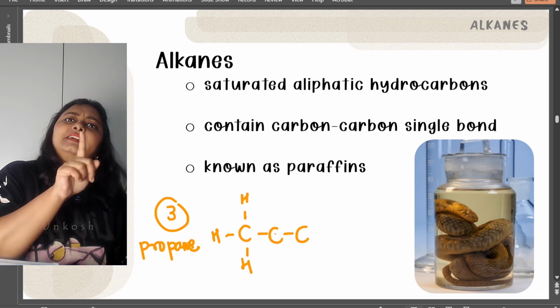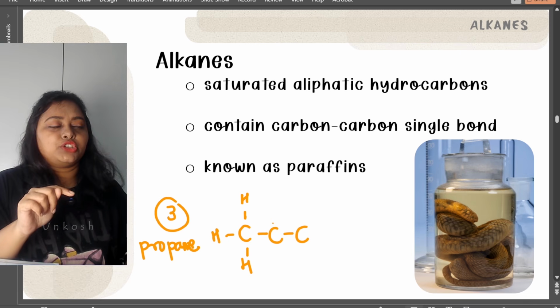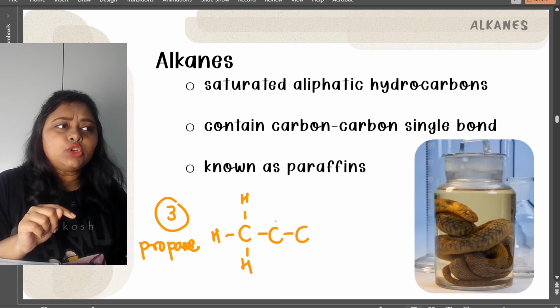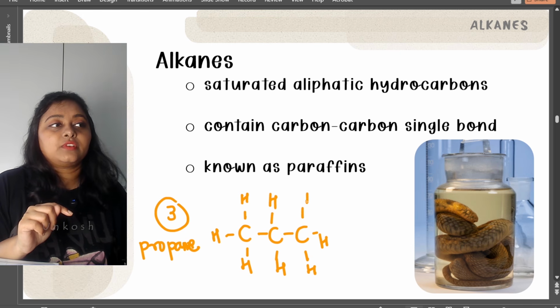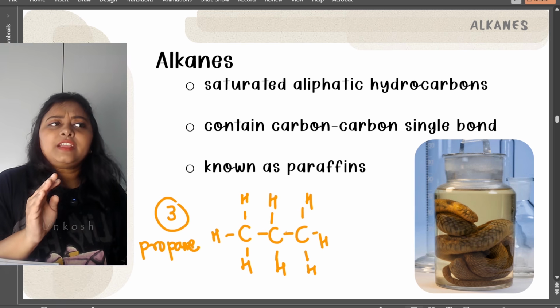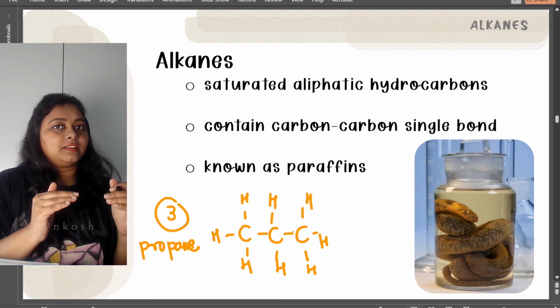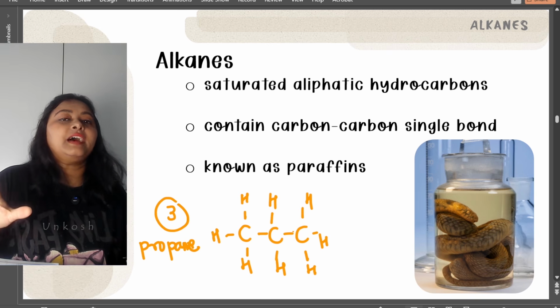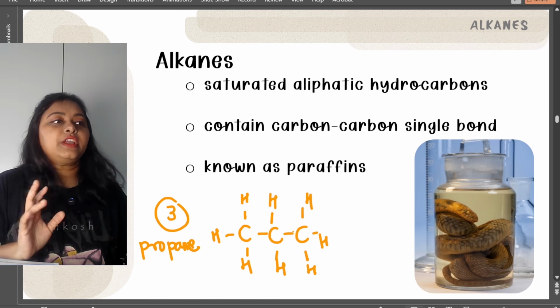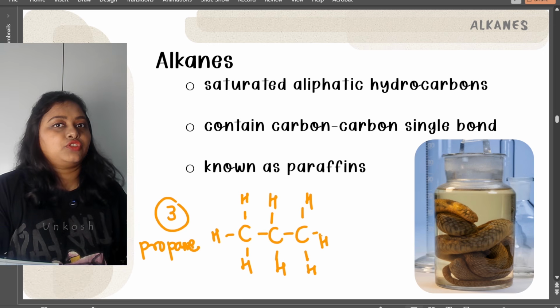Let us complete the entire bond formation. Here 1, 2, what about 3 and 4? Of course hydrogen. Here 1, what about 2, 3 and 4? Hydrogen. So we have 3 carbons linked to one another, and the remaining covalent bonds are formed with hydrogens around them. Here we have completed the structure of propane.